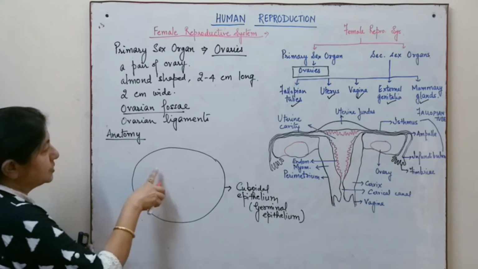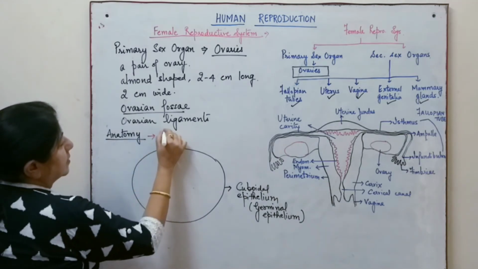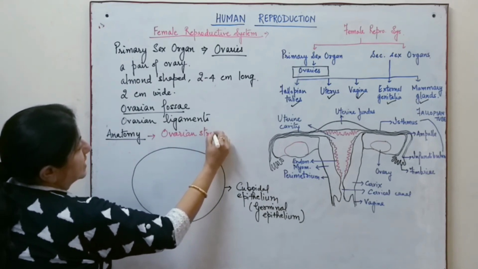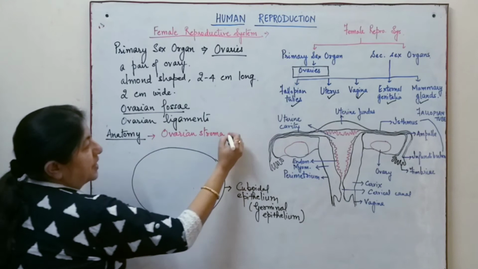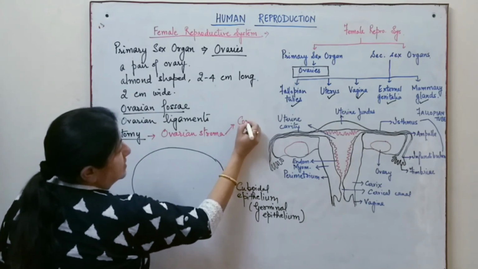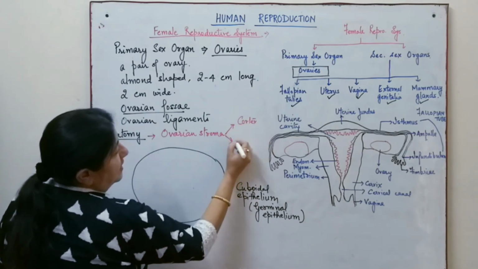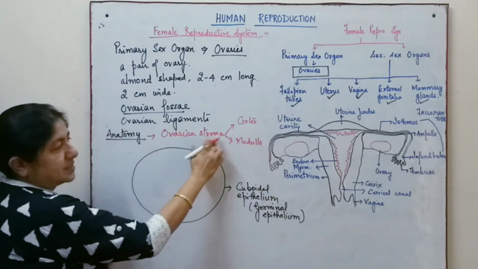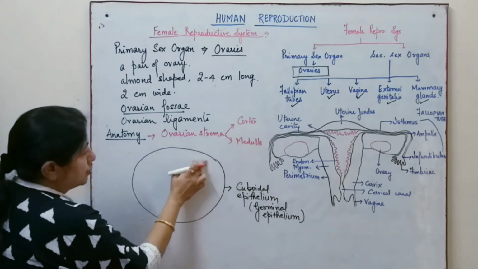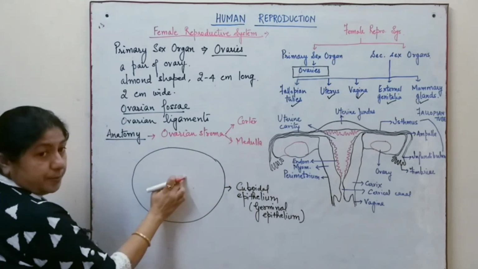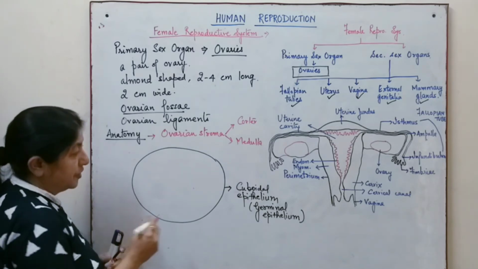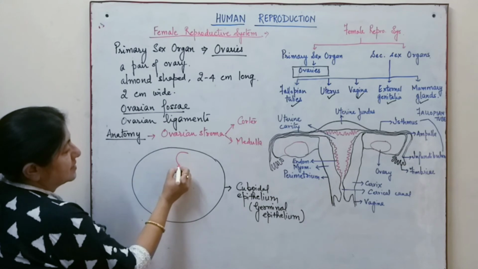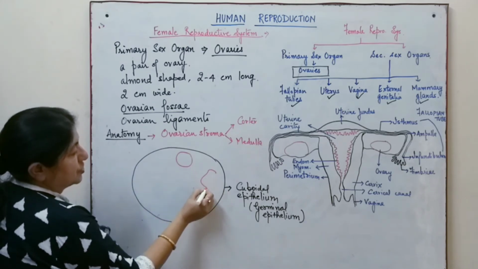This ovarian stroma is divided again into two distinct regions. The outer region is the cortex and the inner is the medulla. When we study further, we find that the cortex region has certain rounded structures.